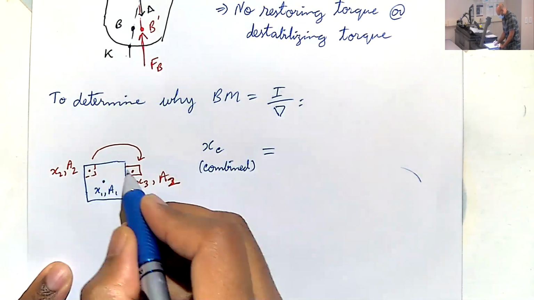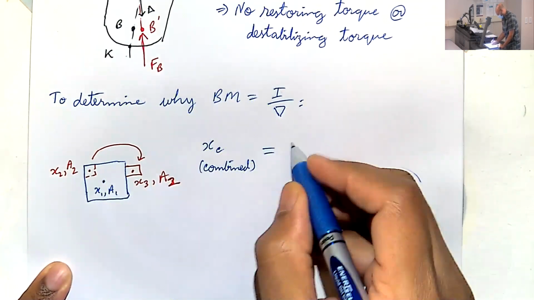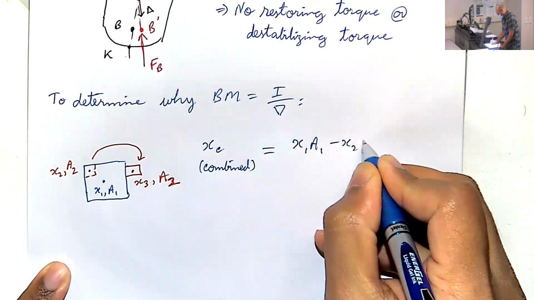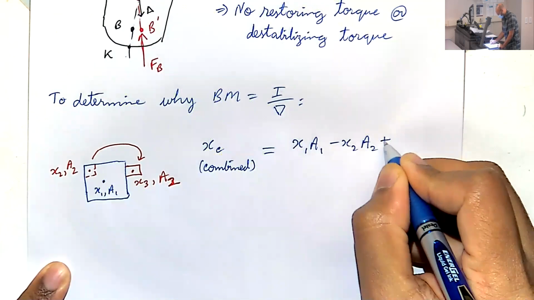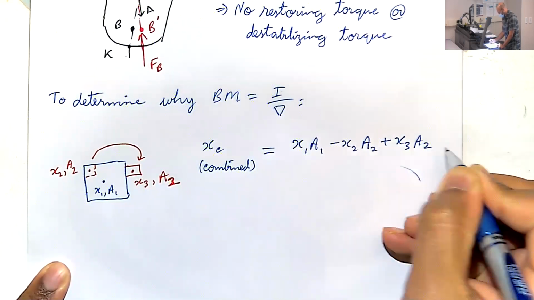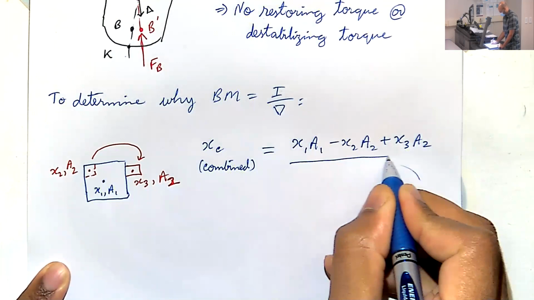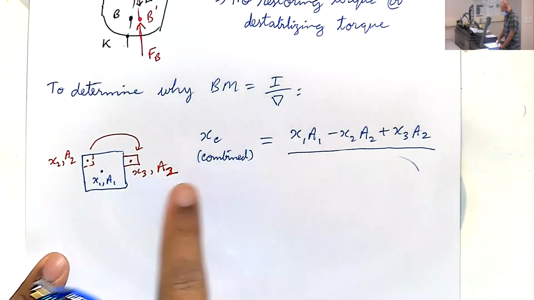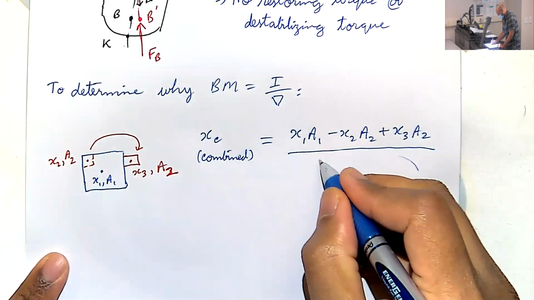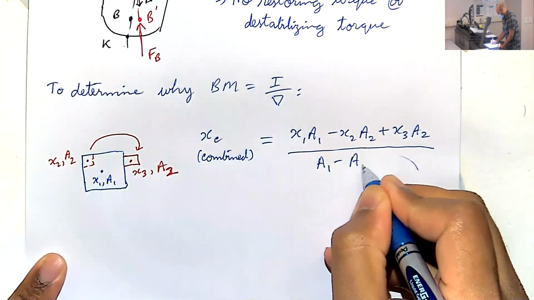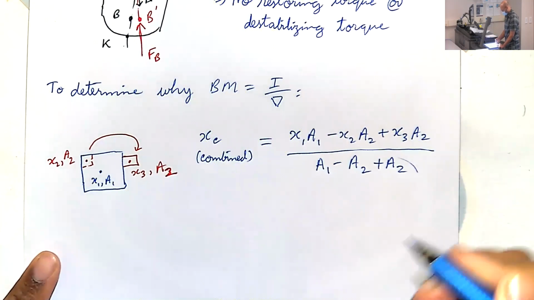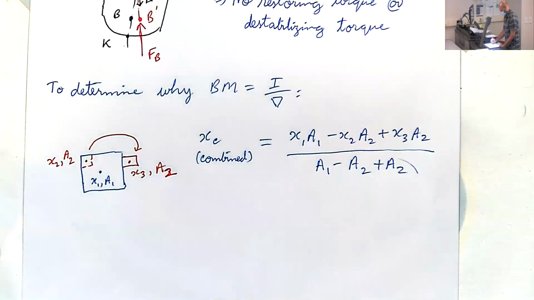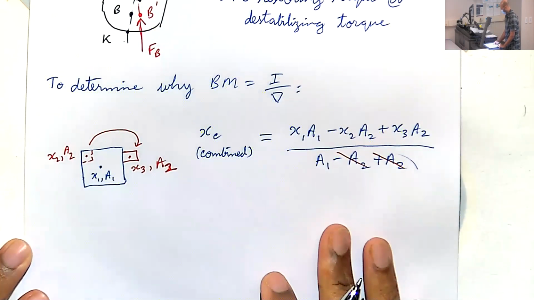So the combined centroid would be at x1 a1 minus x2 a2 plus x3 a2. You see the total area remains the same. We didn't change the area. We just cut out one piece and moved it and attached it elsewhere. So the total area remains the same.